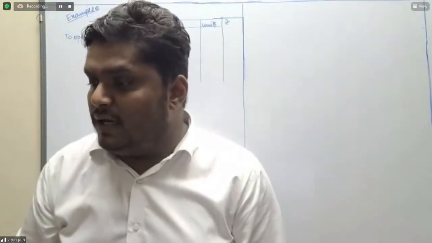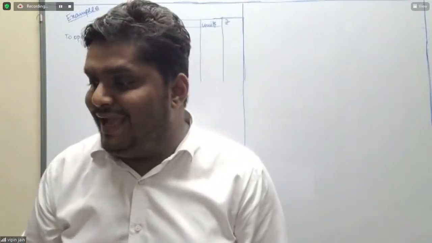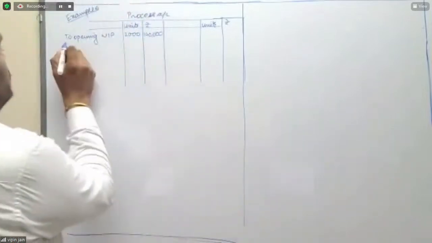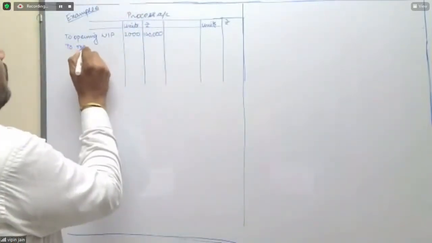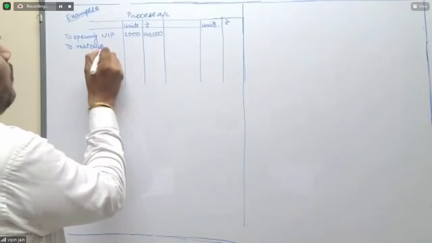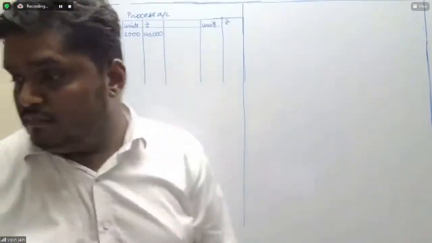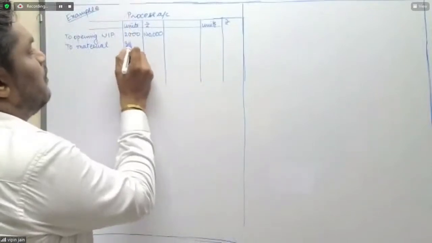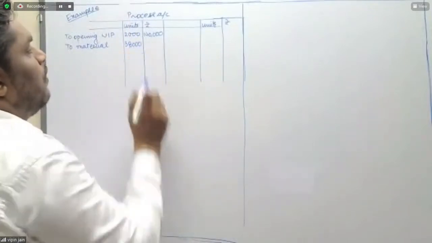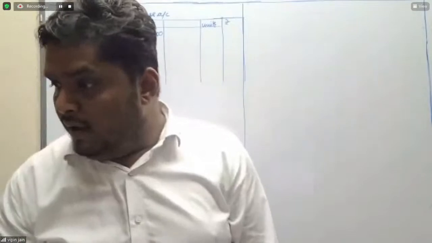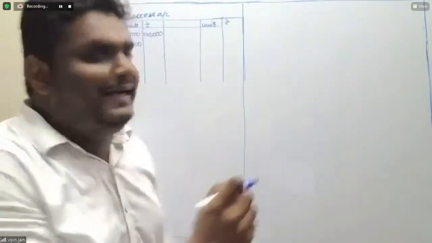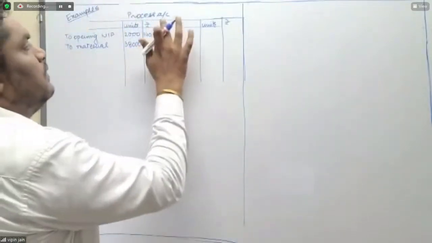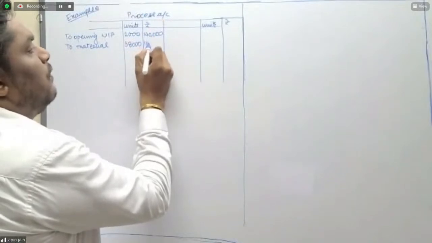Inputs are 38,000 units and the cost is 14,80,000. So to material, 38,000 units, and the total cost is 14,80,000.